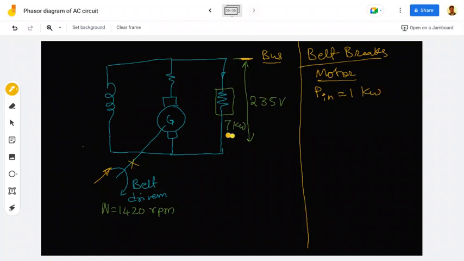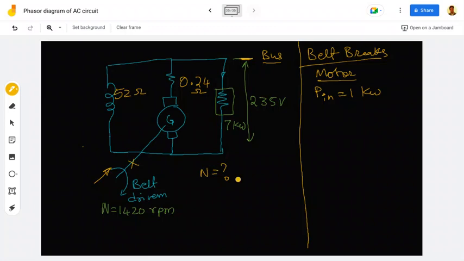It used to generate 7 kilowatt, but now it is consuming 1 kilowatt. The armature and field resistances are given: 0.24 ohms, and the field resistance is 52 ohms. The speed when working as the motor will be... so now I need to find the new speed.